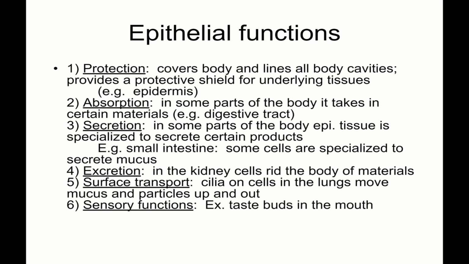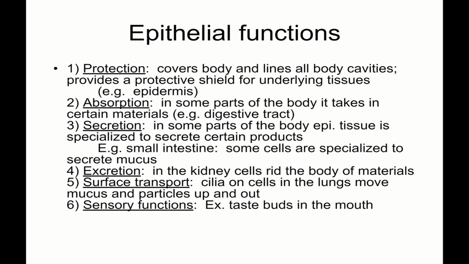Then we have absorption. This is where the tissue is responsible for obtaining materials from the substrate or the fluid around it. The most common example of that is the digestive tract.